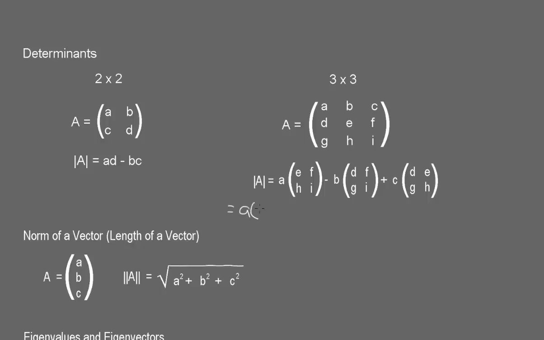If we write this out, the first determinant would be ei minus fh. So it's ei minus fh, minus b times di minus fg, plus c times dh minus eg. So that gives us the determinant of a 3 by 3 matrix.